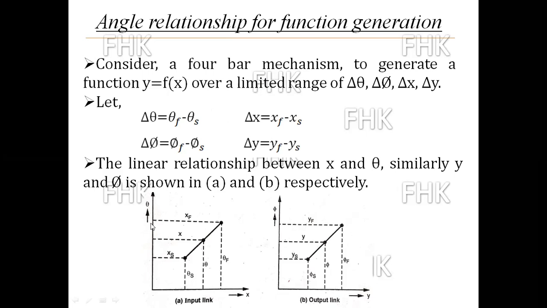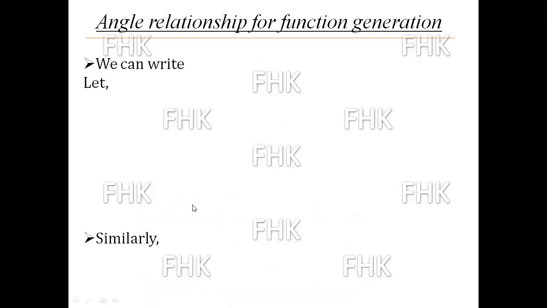So this will become theta final minus theta starting. This much distance will become delta theta and this distance will become delta x. So delta theta divided by delta x is equal to theta final minus theta starting divided by x final minus x starting.